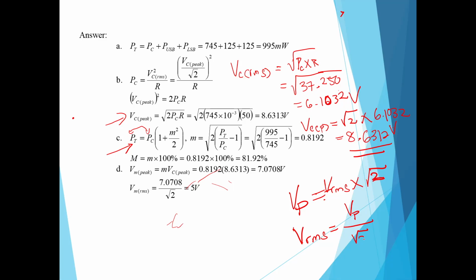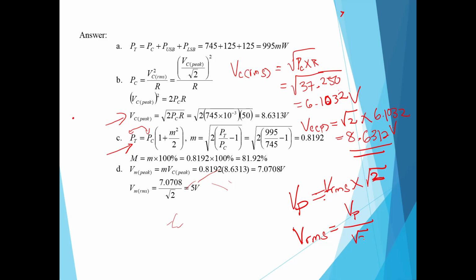When we calculate the modulation index, VM over VC, either we use both as RMS or both as peak amplitude. They must be the same, otherwise you will get a different answer. Even though we use the RMS value, the ratio is still the same.